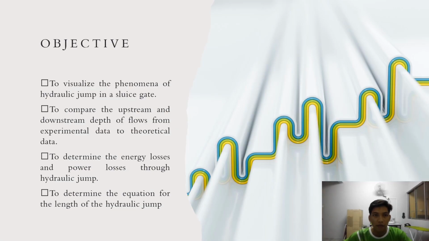The objective for our project is to visualize the phenomena of hydraulic jump in a sluice gate, to compare the upstream and downstream depth of flows from experimental data to theoretical data, to determine the energy losses and power losses through hydraulic jump, and to determine the equation for the length of the hydraulic jump.